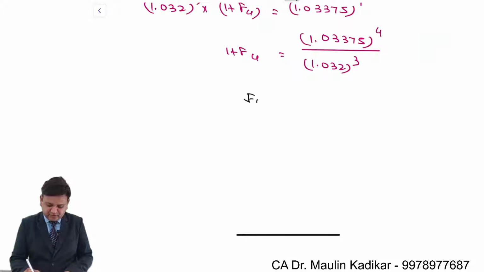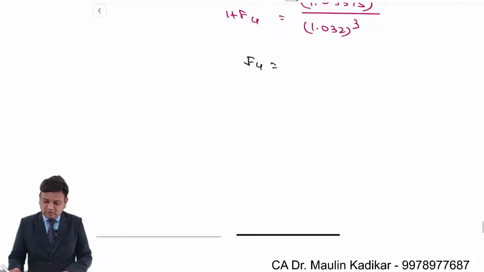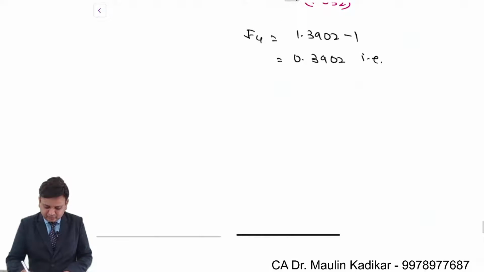So F4 is equal to 1.3902, that is 39.02%.